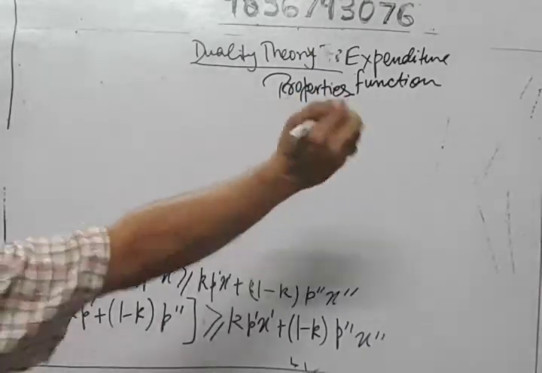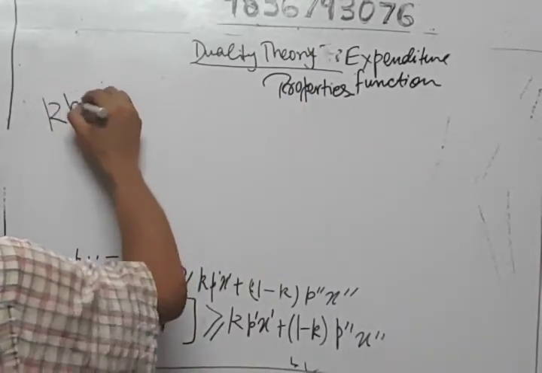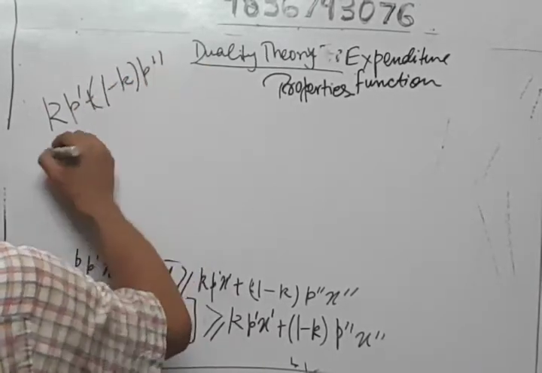So we know already what is this: k P' plus (1 minus k) P''. So this is nothing but equal to P̄.